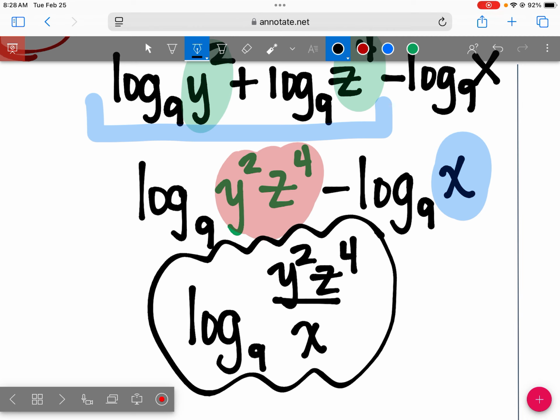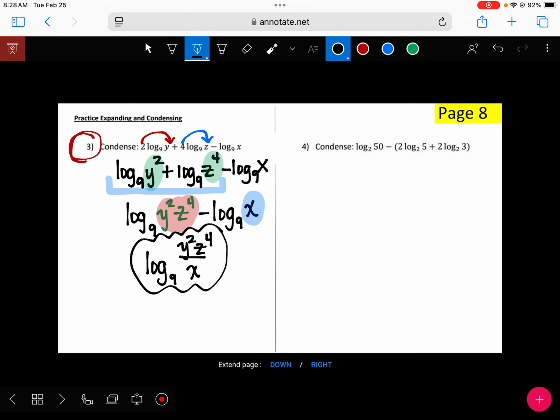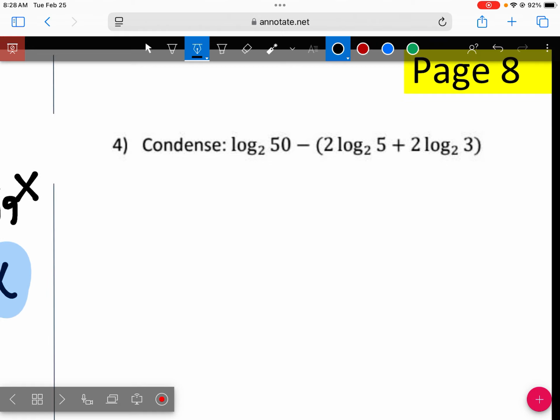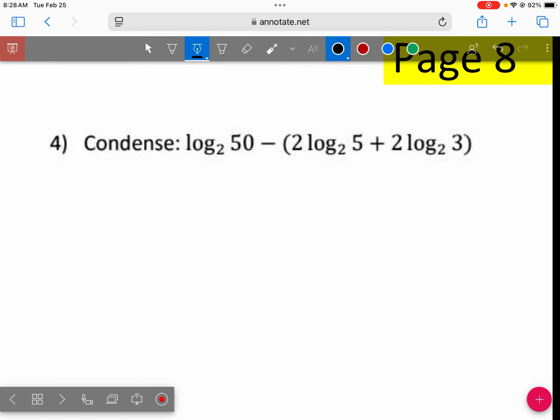All right, I want you to take a moment and try to do question number 4 on your own. Let's look and try to do number 4. Again, following the steps. Look for numbers first. Make the number an exponent. Then you do addition. And the last thing is subtraction. If you stick with the recipe, you'll get it.